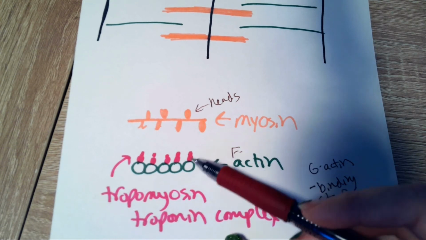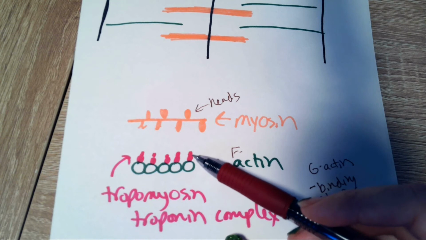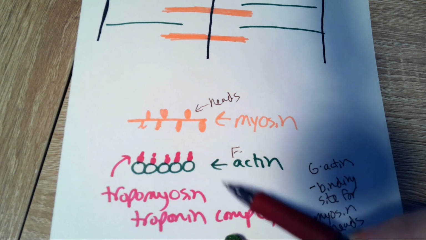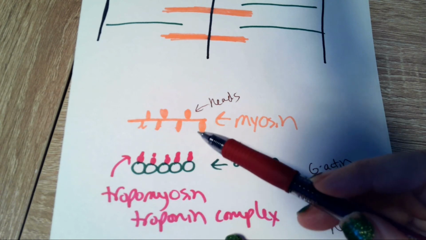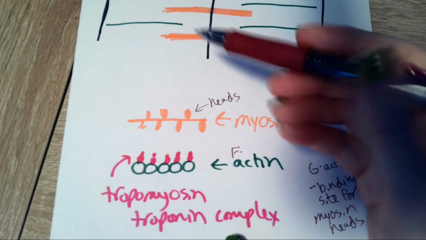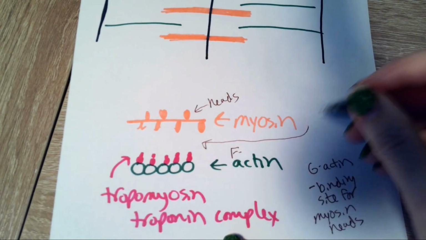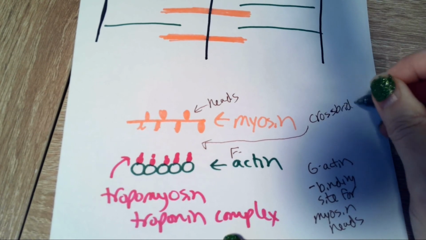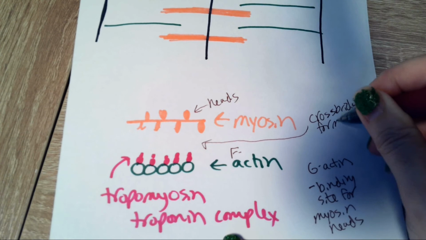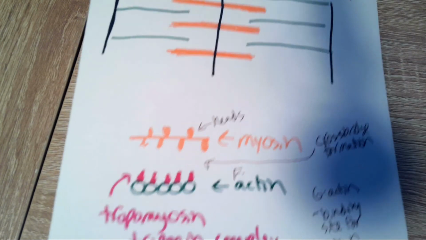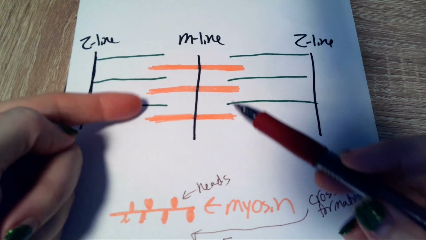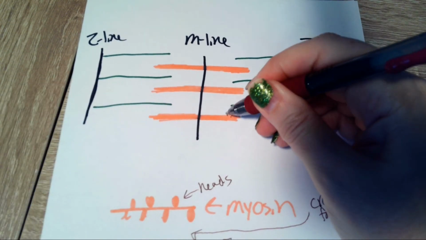So we have our calcium bind to troponin. It moves tropomyosin and troponin away from the binding site on the actin, so that the myosin heads can bind. And we call that cross bridge formation because we're creating a bridge, essentially, between the myosin and the actin. Now, once we have our cross bridges formed, imagine all these little myosin heads sticking up all over the place.